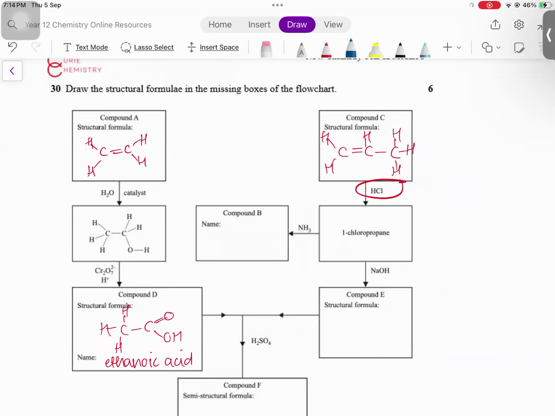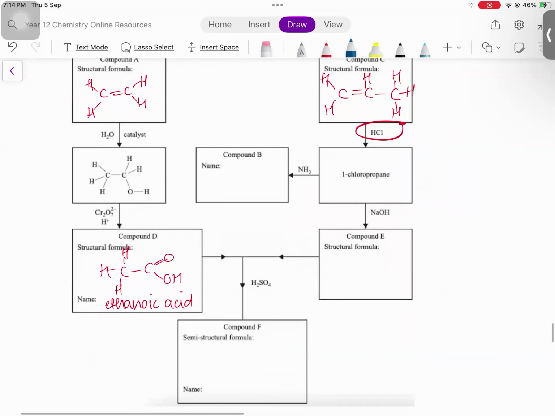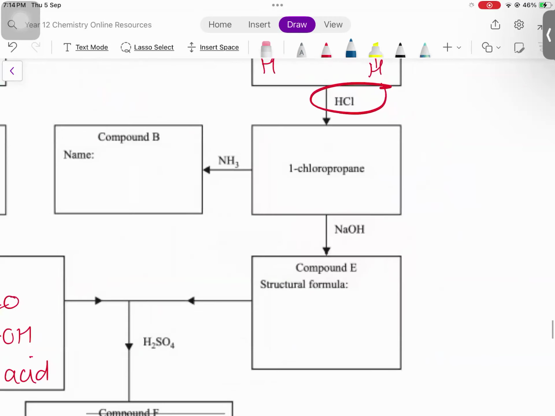And then 1-chloropropane, you now mix it with NaOH. Anytime you see a halogen with an OH, whether it's from water, whether it's from NaOH or KOH, it is a substitution reaction. Right.